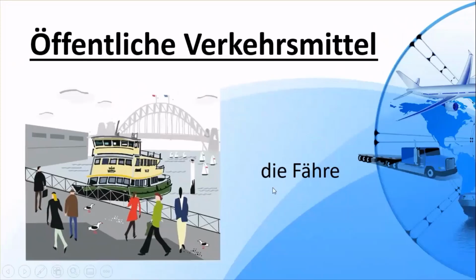Then we have die Fähre, which is referred to the ferry, bigger than the boat but smaller than the ship, and which carries people and sometimes also cars, depending on the size.